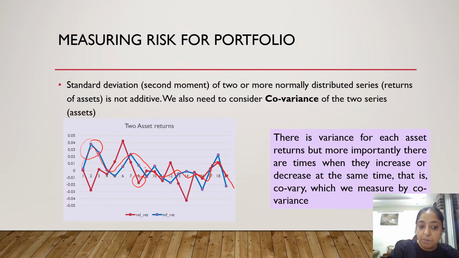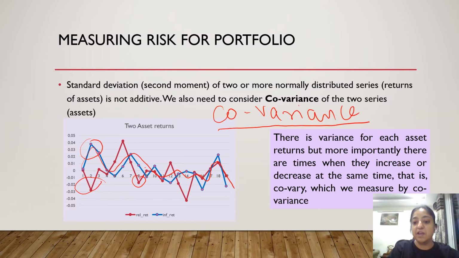The average of the blue series is different from the average of the red series. Okay, and their variance or standard deviation we are calculating from the averages. So that is why we need to calculate the covariance also. That means how they are co-varying with each other.